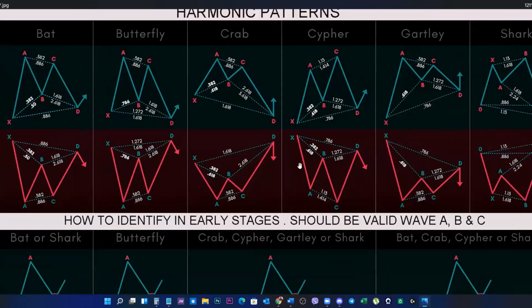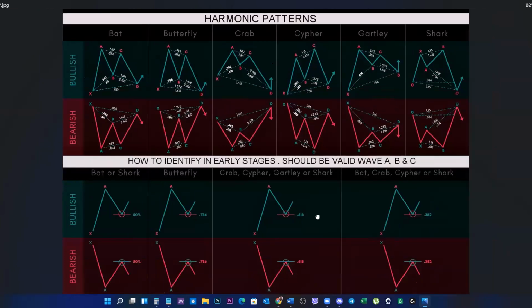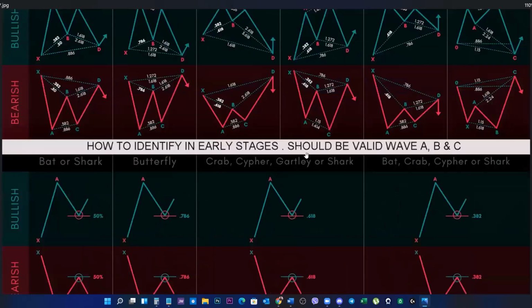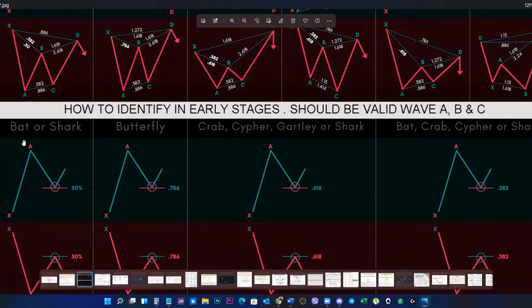So first of all, we have to identify if the wave A, B, and C is valid. But in the early stage, as you can see here, the price movement will have a similar movement like this one.